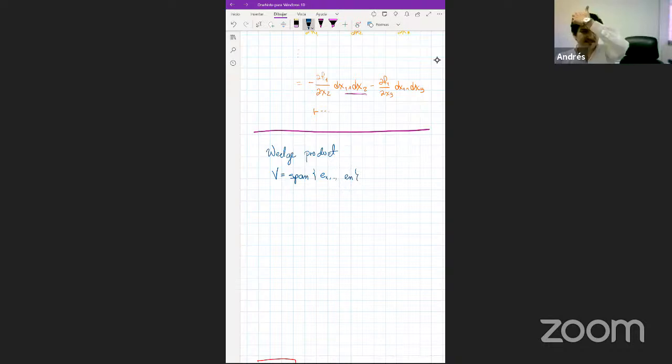So assume that V is a vector space of dimension n. This is my basis. For convenience, I'm going to take the dual. I have this basis. Now I'm going to work with the dual V star instead of V. What's the dimension of this?